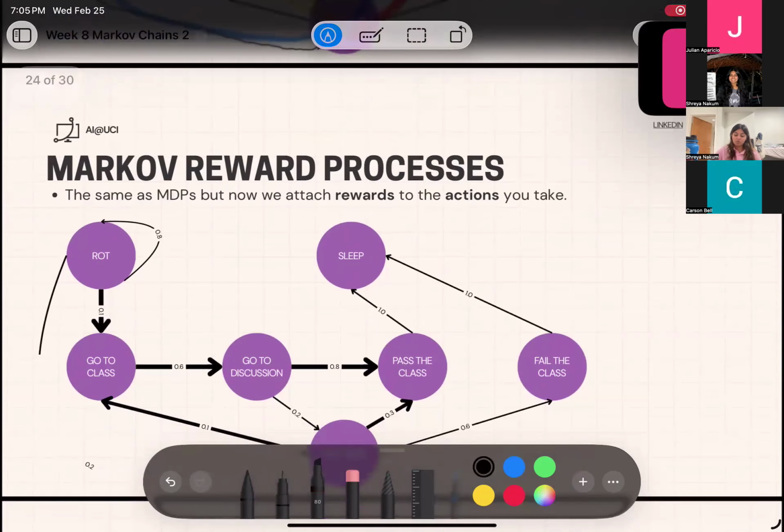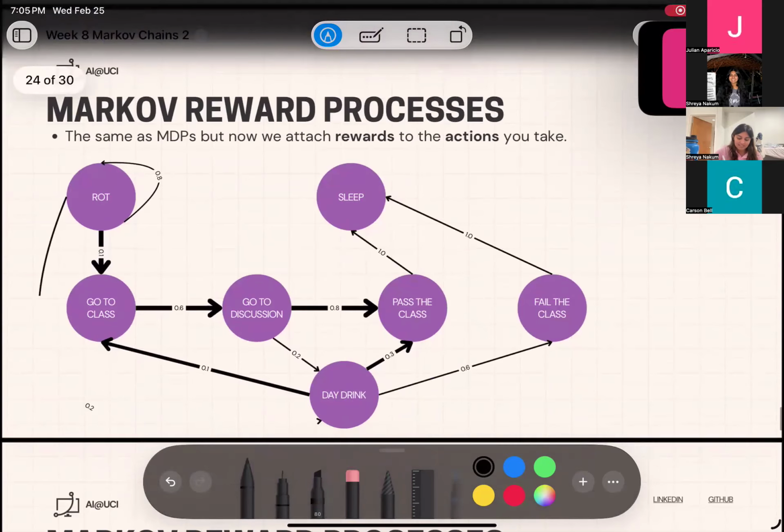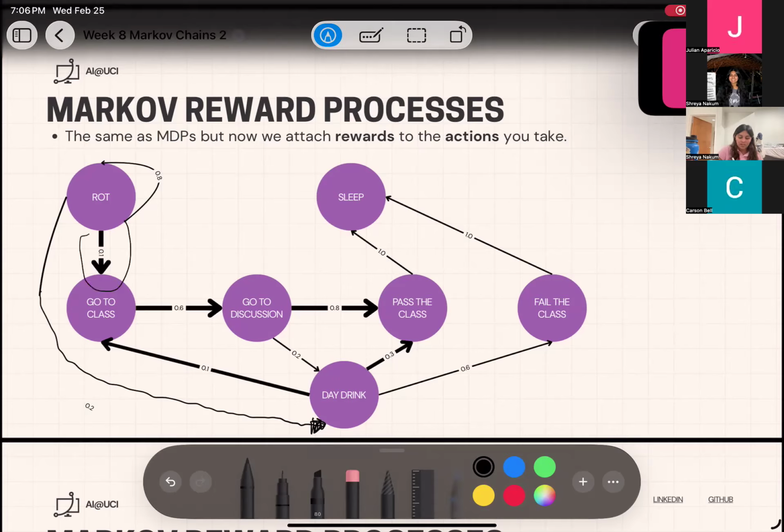Now, a Markov reward process is gonna be a little different. I don't know why this arrow got deleted when I downloaded this. A Markov reward process is the same as a Markov decision process, but now there are rewards attached to each action you make. For example, if what we care about is passing, but all we want to do is rot and day drink, we can attach large rewards to the action.